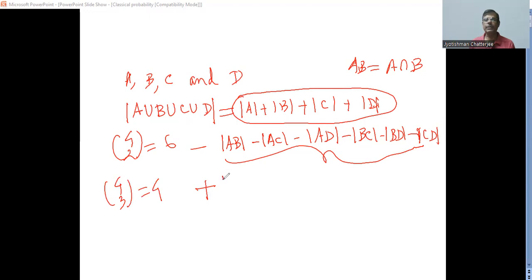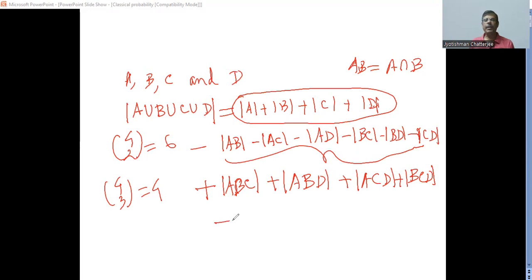Let's write down all those things. ABC, that is without the D. Then if I discard C, I get this. If I discard B, I get this, and then plus BCD. And how many 4-letter terms will be there?